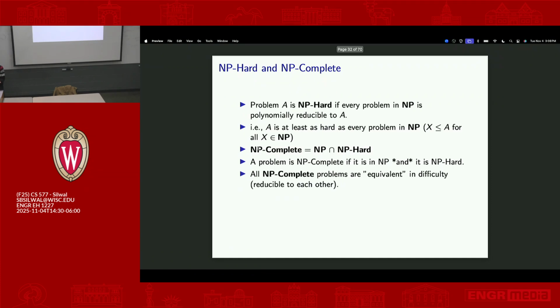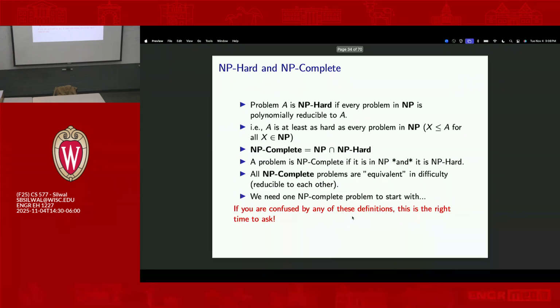All right. That's a lot of definitions, and as far as you know, this set, NP complete, could just be empty. Maybe there's no problem that's as hard as every other problem in NP.